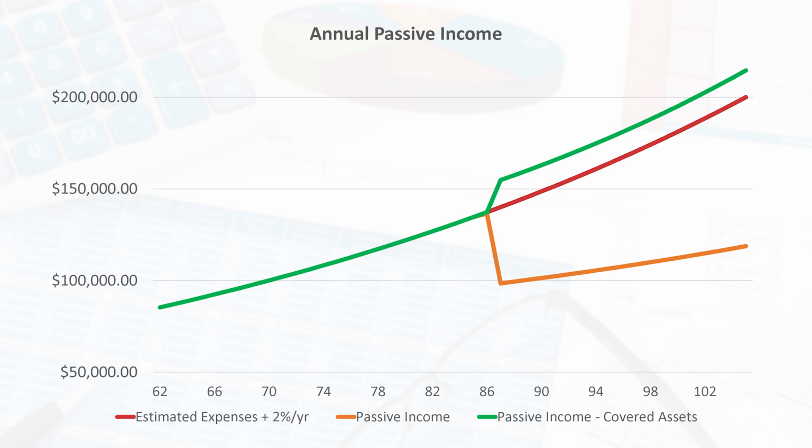If he dies after age 86, well, they don't get the life insurance death benefit because he had to roll that into an annuity, but at least he had the income that he needed to live on. He wasn't out of money. And that's why we can look at this graph and see the income stream as the green line instead of the orange line. And of course, the red line is the expenses that are estimated to be there.